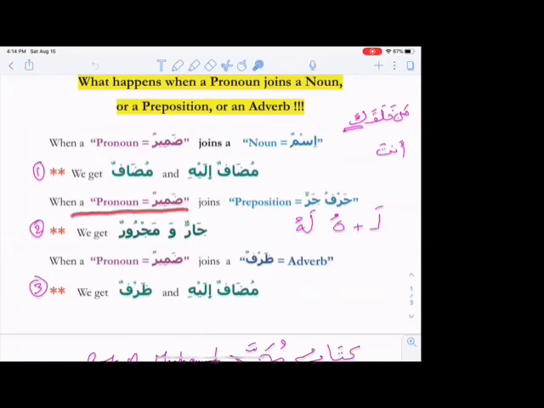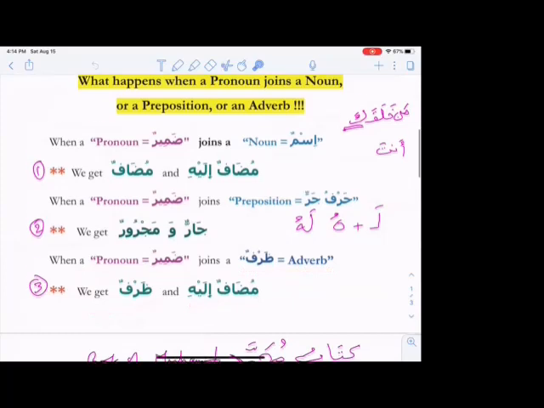When a pronoun joins a preposition, we get jarun wa majrurun. When a pronoun joins a zarf, we get zarf, that's all, and mudaf ilayhi. We have to remember that.